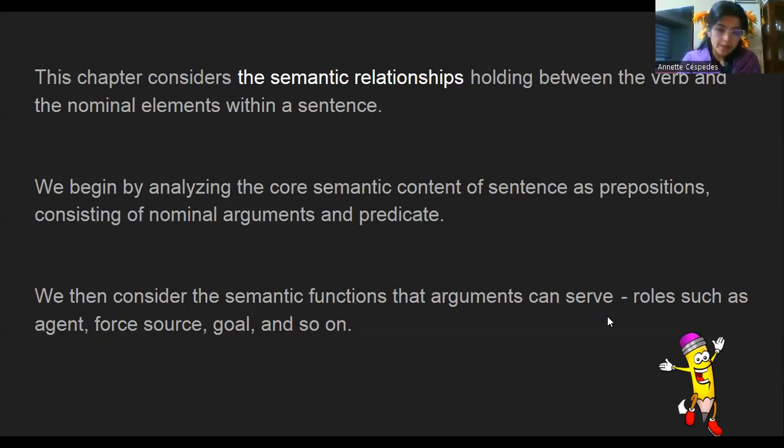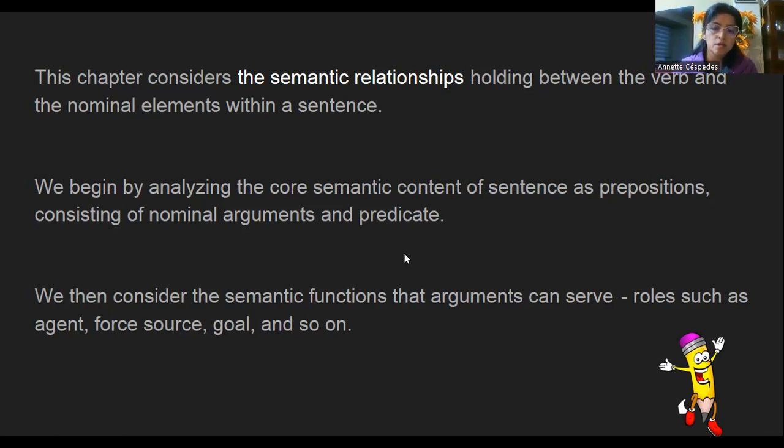Now, in this chapter, we have to consider the semantic relationships holding between the verb and the nominal elements that are inside a sentence. We can analyze the semantic contents of a sentence like propositions, nominal arguments, and predicates.